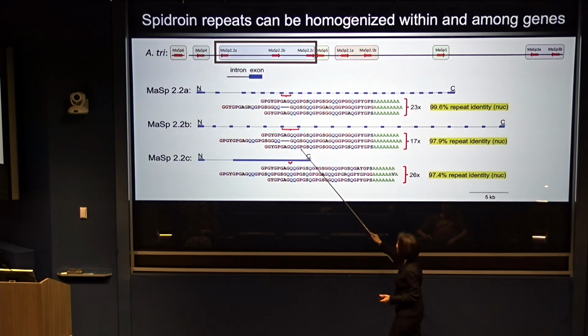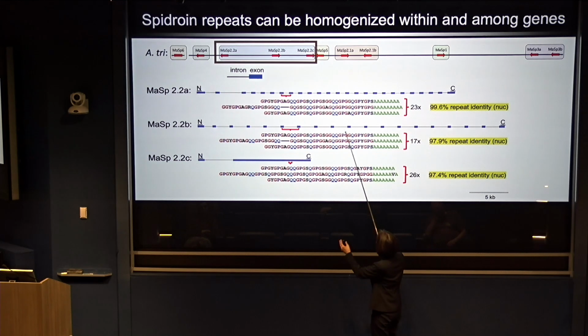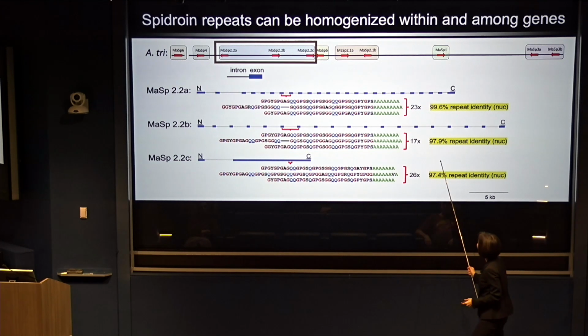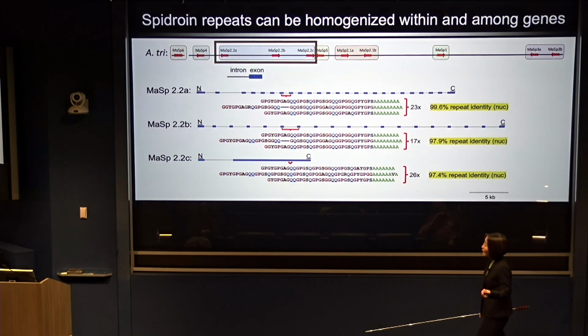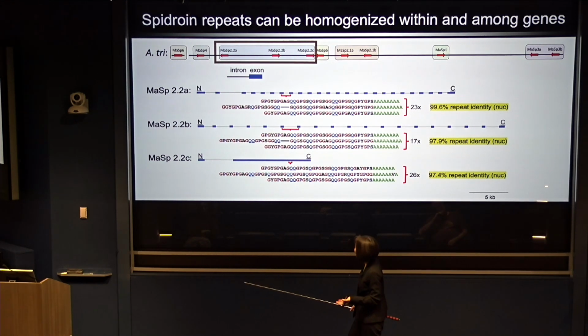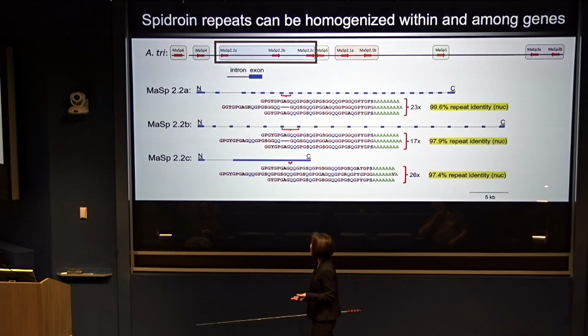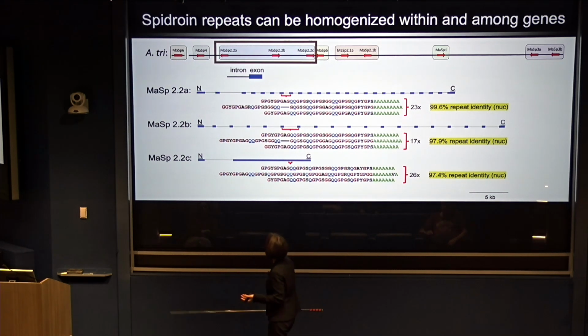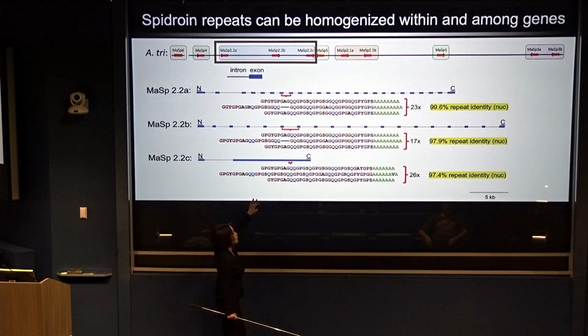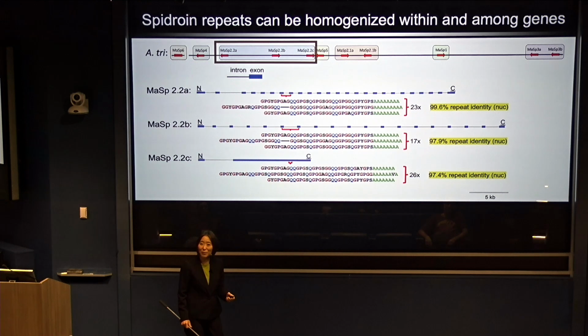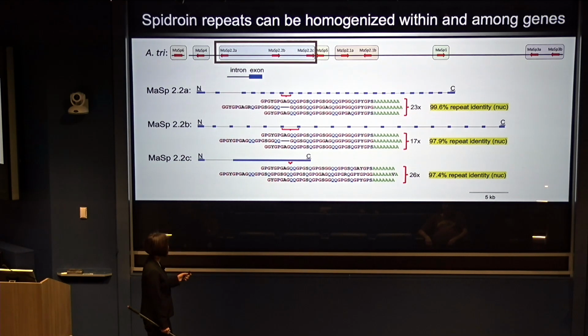And again, this unit, including its intron, is arrayed over and over again, 17 times, at about 98% repeat identity at the nucleotide level. And then you might think, oh okay, so they always have a lot of these small exons, but that's not true, because 2.2c has one intron and a big exon, and it has this repeat unit, which looks quite similar to the other two in the group, and this occurs 26 times with a little over 97% repeat identity at the nucleotide level.